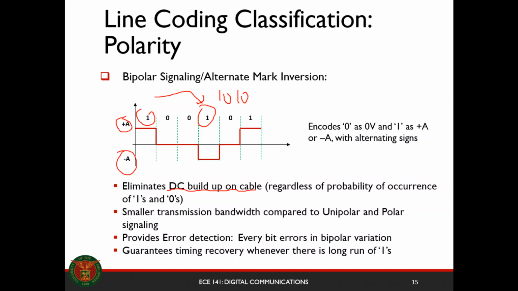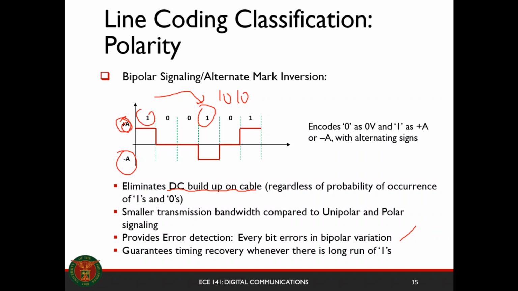And one more thing that is good about this type of line coding is that it provides error detection. So every bit error in bipolar variation can be detected, right? So if we have 2 consecutive positive A's, then there's something wrong. All right.